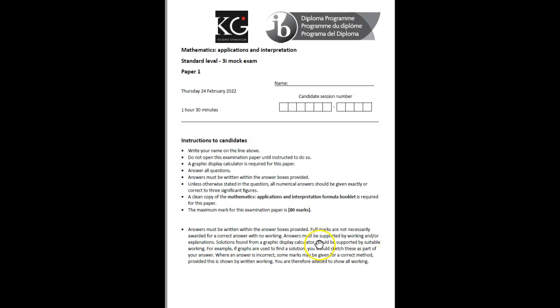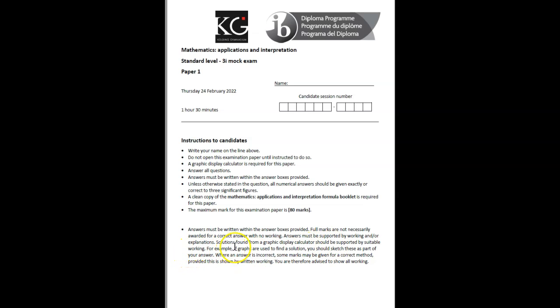Now, this at the bottom here is important to remember: answers must be written within the answer boxes, and full marks are not necessarily awarded for a correct answer with no working. Answers must be supported by working and/or explanations. For example, if I use a graphical display calculator, that should be supported by suitable working.